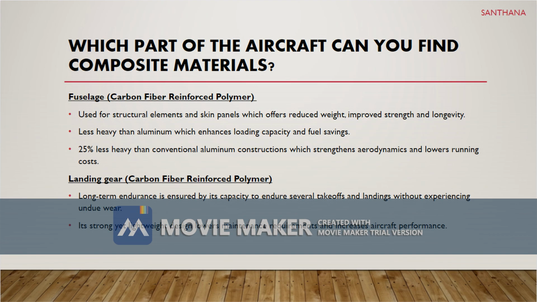Since CFRP is much lighter than aluminum, it helps improve the aircraft loading capacity and fuel efficiency. In fact, it's about 25% lighter than traditional aluminum constructions, which not only improves aerodynamics but also lowers operational cost.